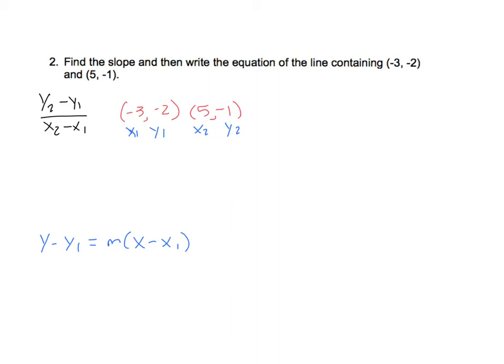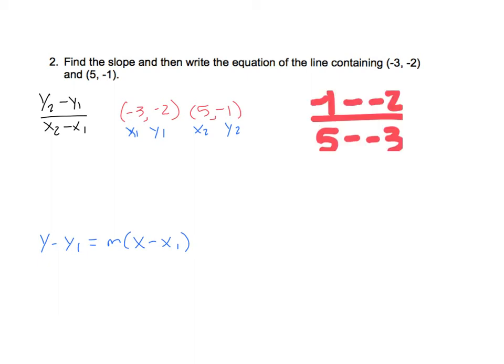So, number 2, find the slope and then write the equation of the line containing negative 3, negative 2, and 5, negative 1. So, again, first thing we need to do is find the slope. If you have a fancy calculator at home, you can technically use stat. So, we have negative 1 minus negative 2 over 5 minus negative 3.